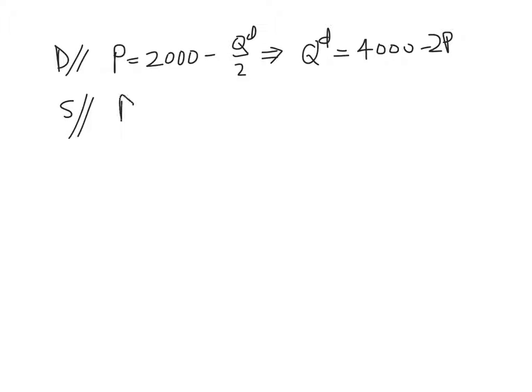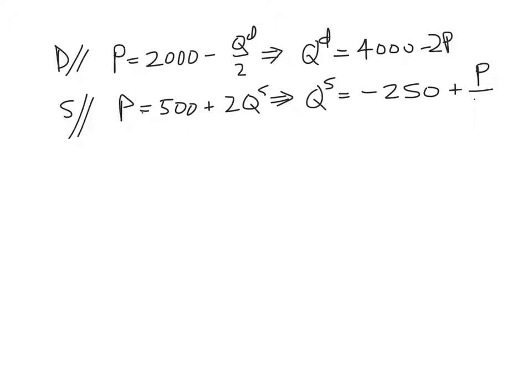The inverse supply curve is P equals 500 plus 2 QS, and that means the supply curve is QS equals negative 250 plus P over 2.